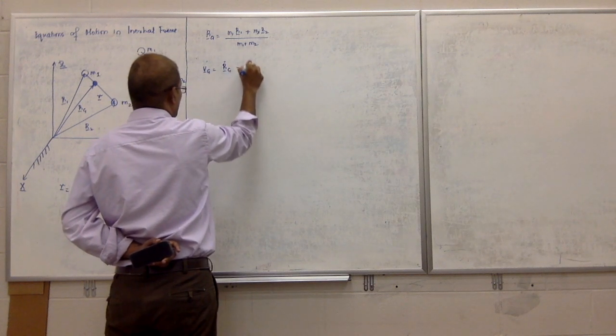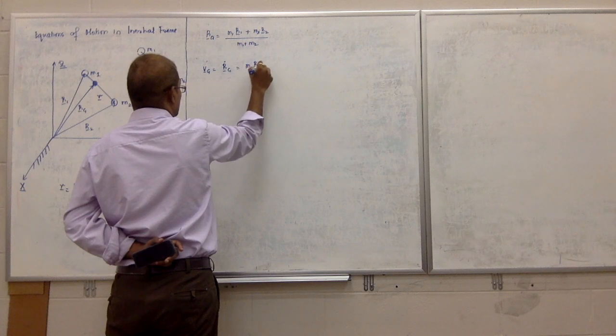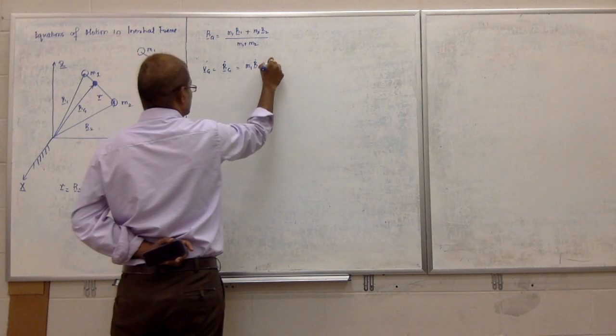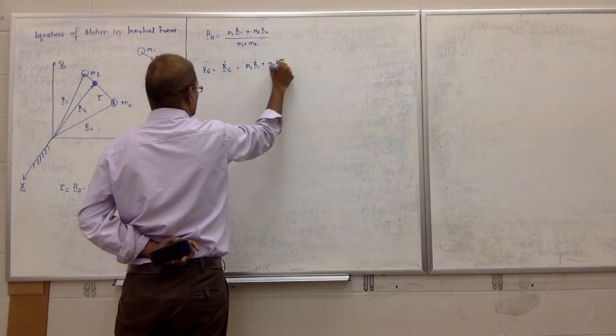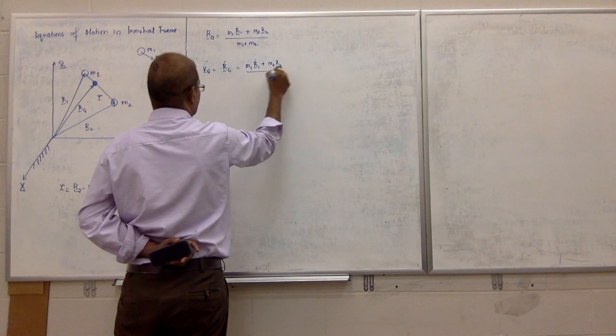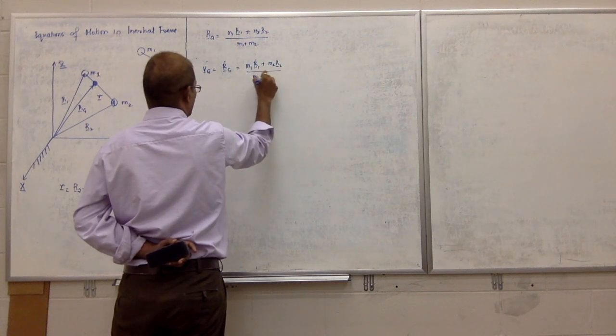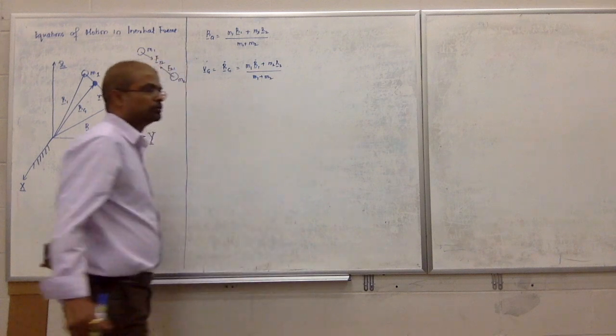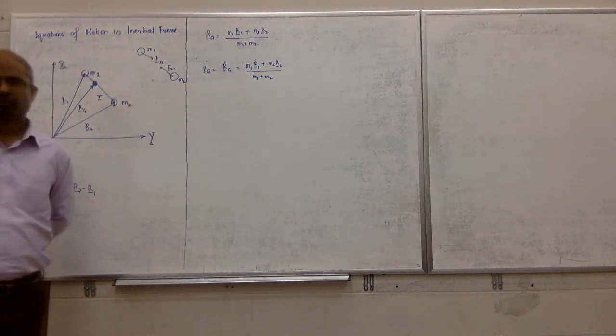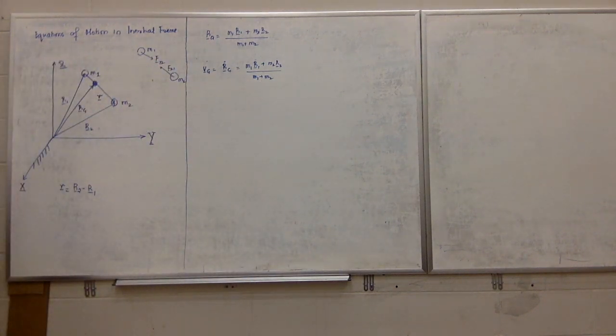This is M1 R1 dot plus M2 R2 dot, divided by, what do you know about M1 and M2? Those are the masses. Yes, but they are in opposite directions.